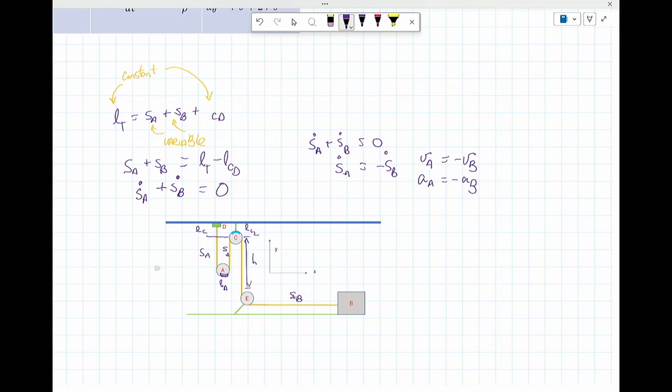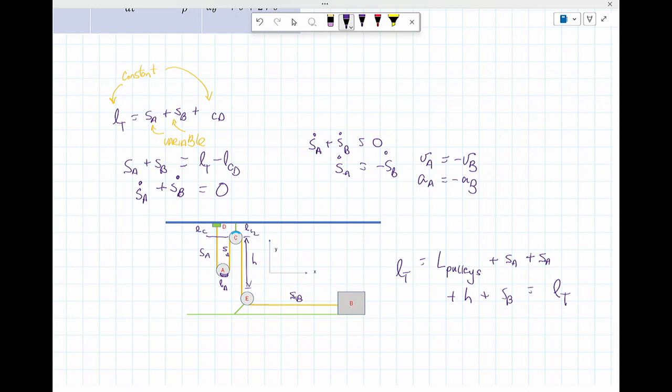So if I want the total length of this thing, that's going to equal length of all the pulleys plus SA plus SA plus H, which is that height between C and E, but that doesn't change, plus SB equals length total. Again, sorry, it's length total equals length total.